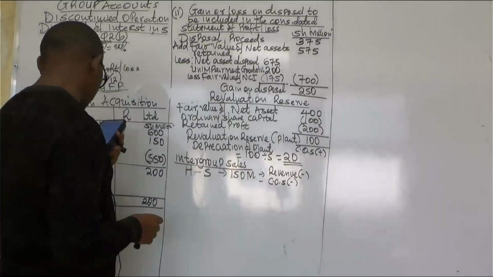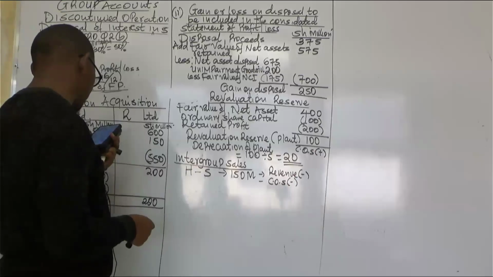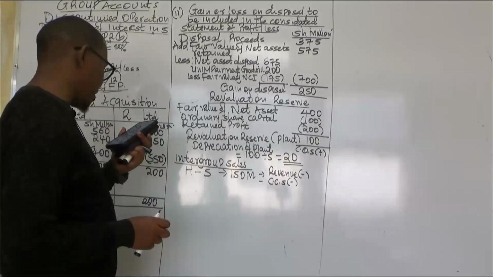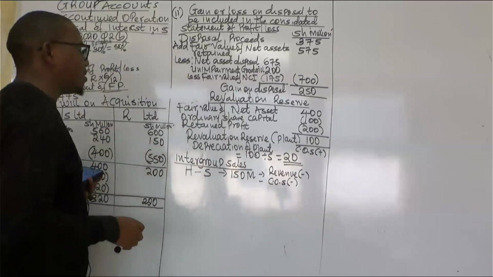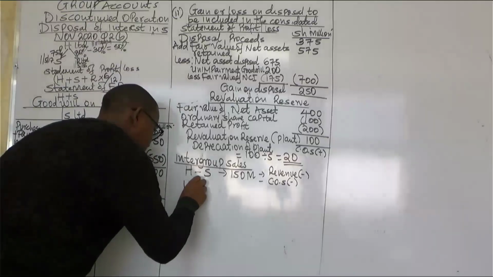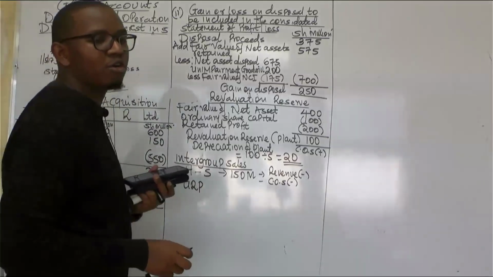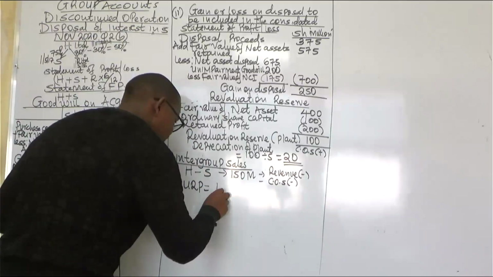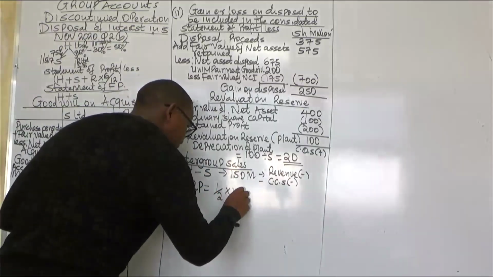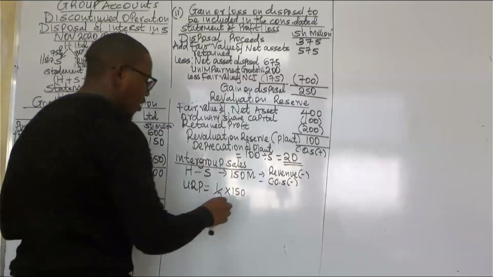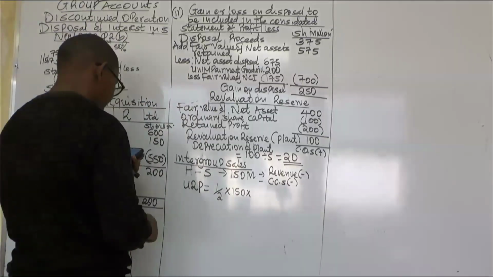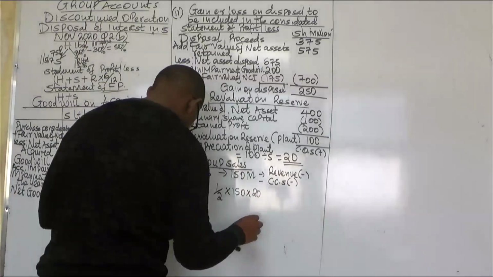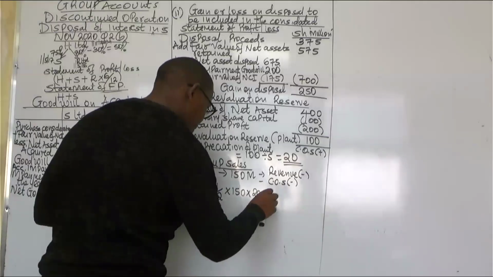Continue. We were also told that H Limited sales goes at a gross profit margin of 20%. At the end of the year, half of goods sold to S Limited remained unsold. If they remain unsold, it means that there is what we call unrealized profits. Half of them, which was of 150, I will multiply by the profit margin of 20%, because that was at gross profit margin.